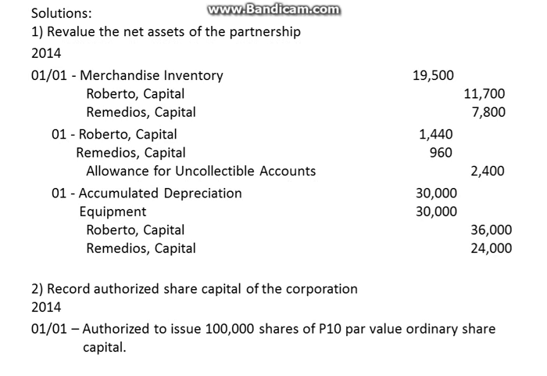19,500 is debited to merchandise inventory because merchandise inventory, as stated in the statement of financial position, is 25,500 pesos.